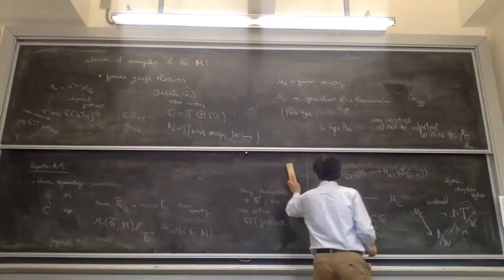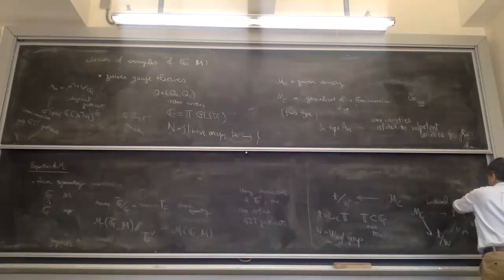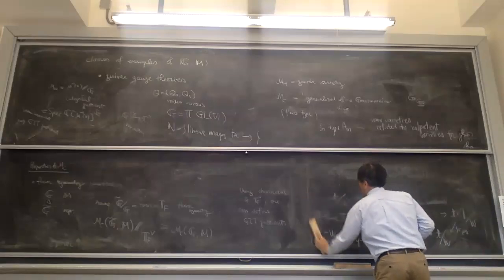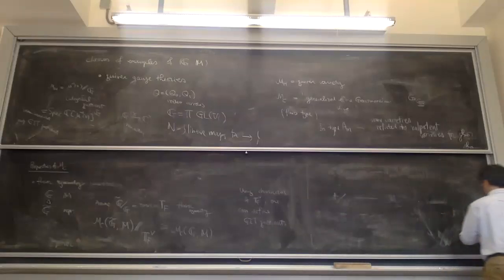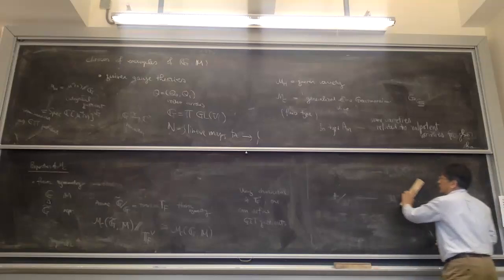And in type A, this gives a resolution of singularities for the generalized affine Grassmannian.